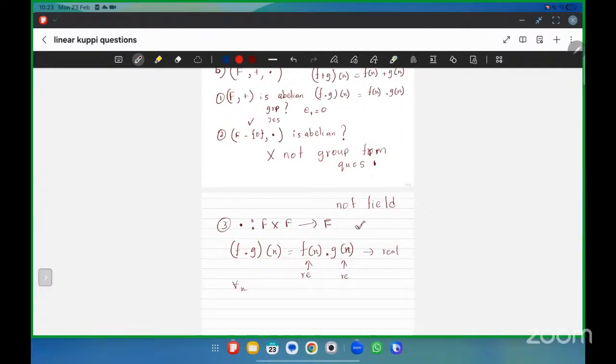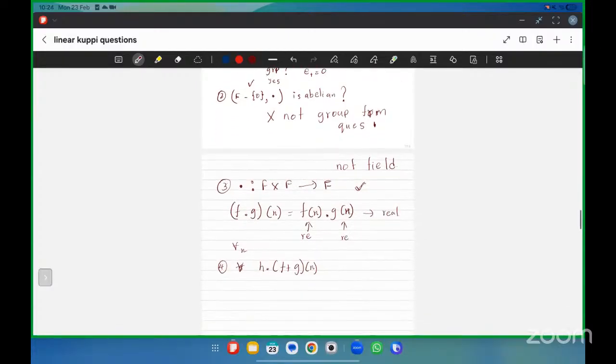And the fourth condition is the distributive law. So h dot (f plus g) of x. We have to prove it equals h dot f plus h dot g, into x.